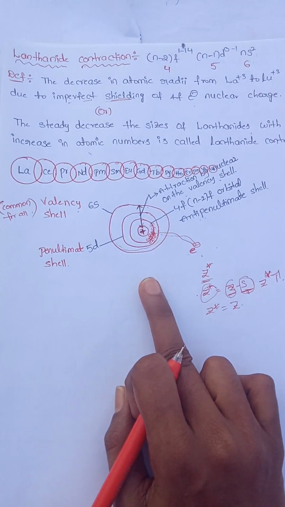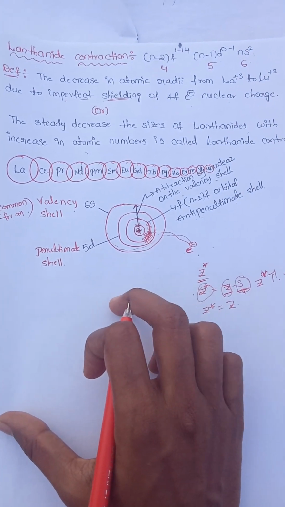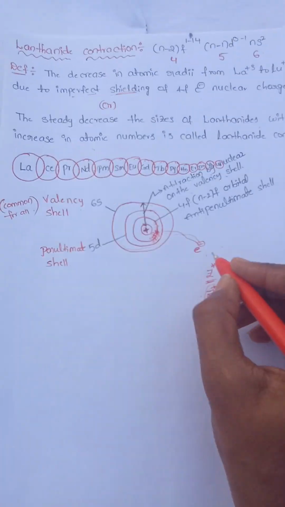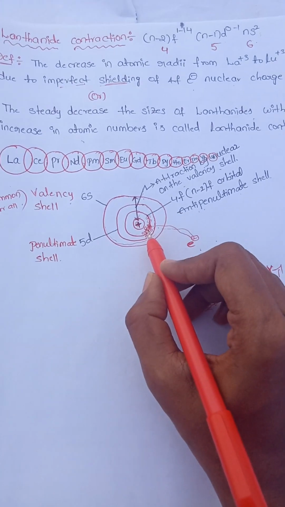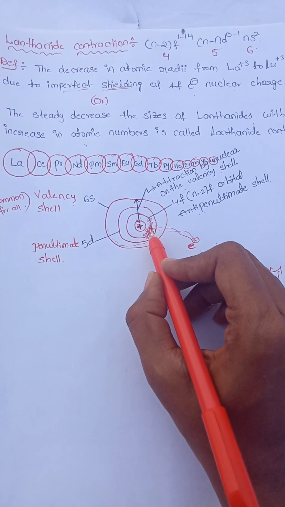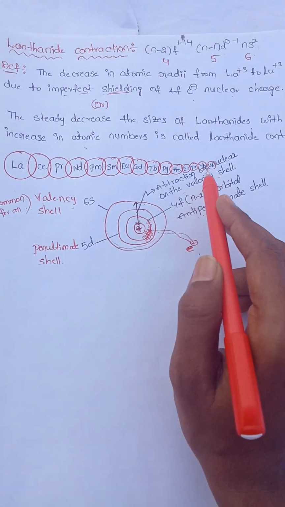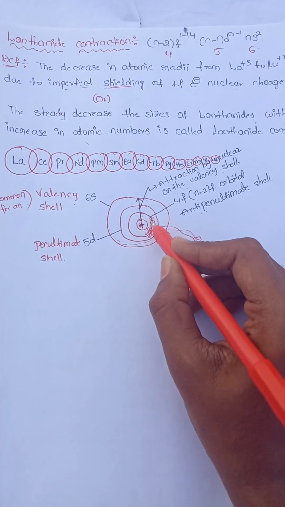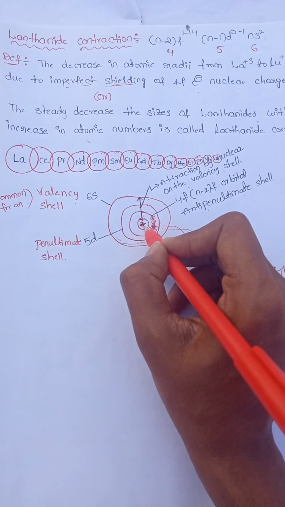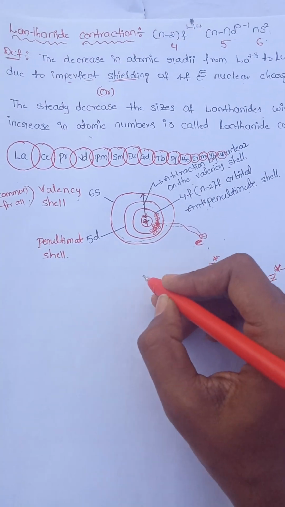Right? So the number of electrons increases from lanthanum to lutetium, the number of protons gradually increases, and the effective nuclear charge also increases.